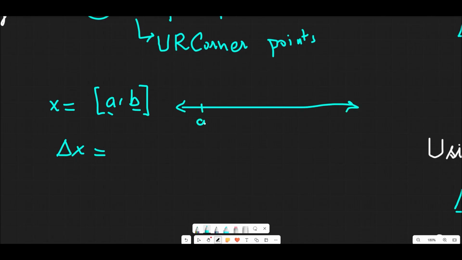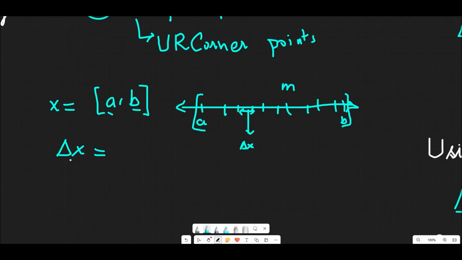If this is a, this is b, and a and b are included in x, it's a closed interval, and we have to divide it into subintervals of many parts. Let's say m subintervals. Then the length of each subinterval would be delta x.